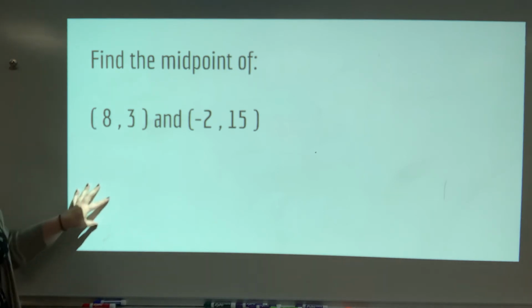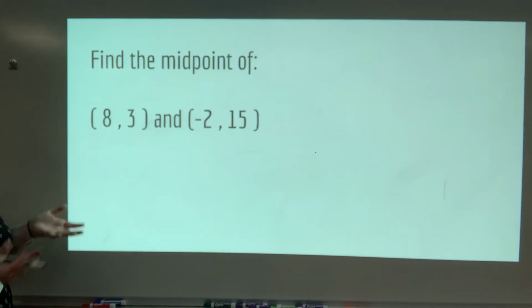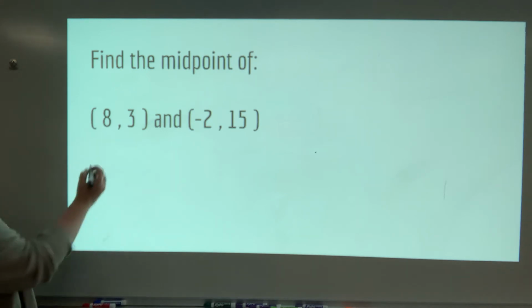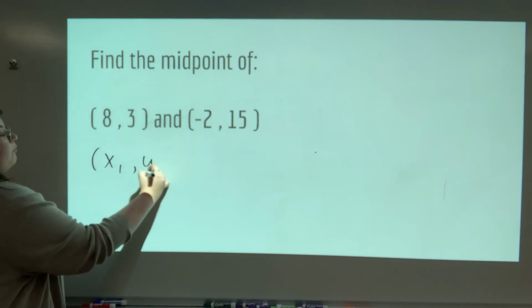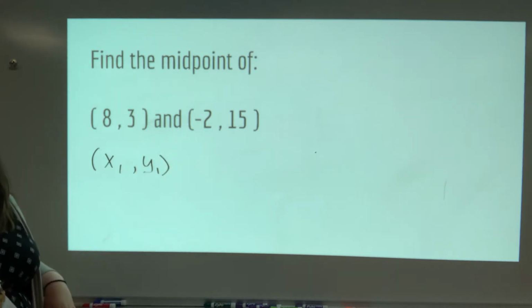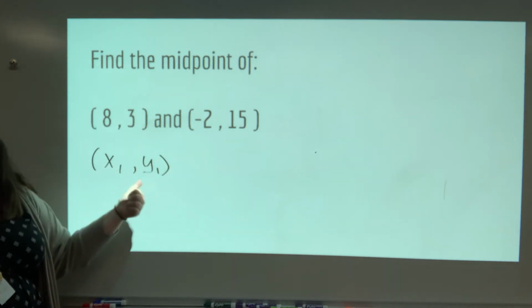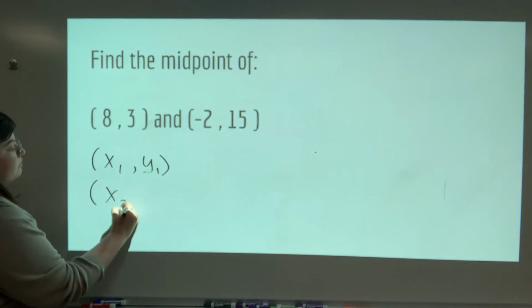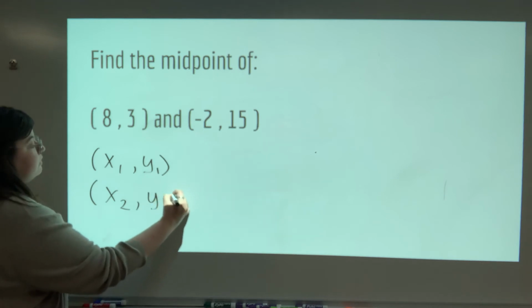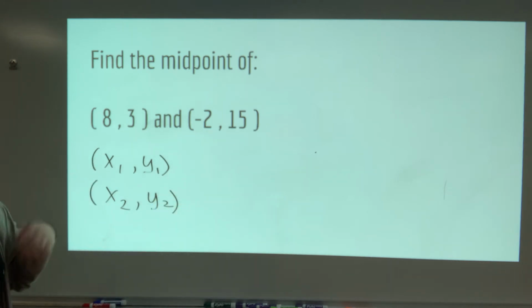So I'm going to rewrite the formula down here. If you were given 2 random points, let's just say we had x1 and y1. That was our first point, right? Our first x-coordinate and our first y-coordinate. And we also had x2, y2, a second random point, all right?